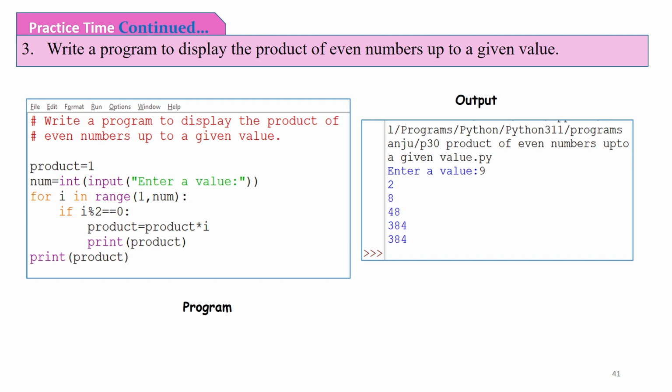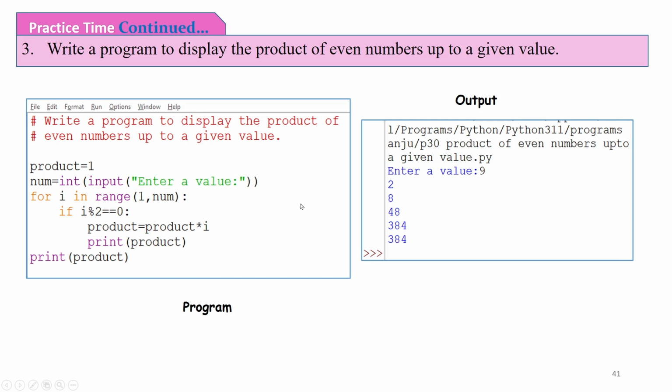It means whether you want to print the value of even numbers. It will accept a number, and till that number it will give me the product of only the even numbers, not all.